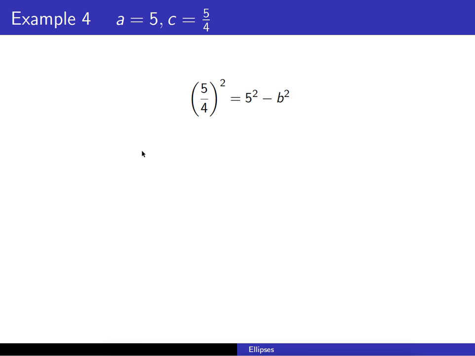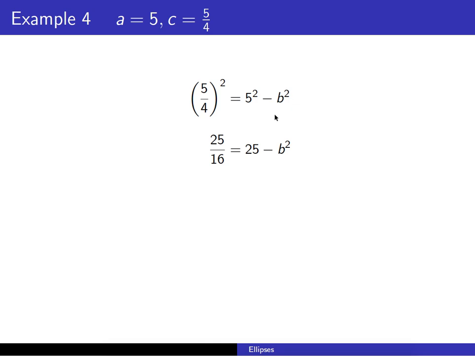So if A is 5 and C is 5/4, we do need the value of B squared, just like in the previous video. So we have C squared, or 5/4 squared, equals A squared minus B squared, or 5/4 squared equals 5 squared minus B squared. Again, our goal is to get B squared by itself.